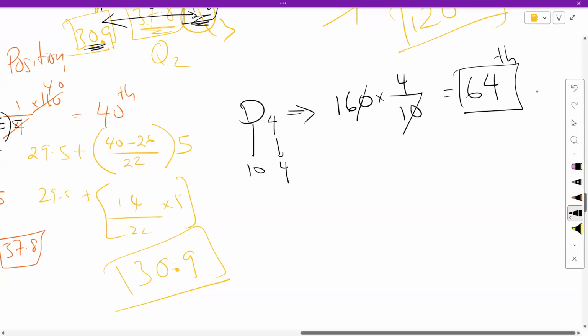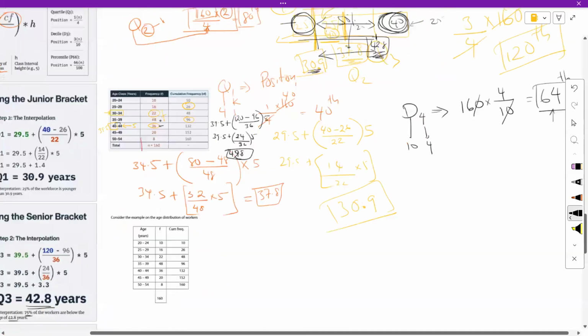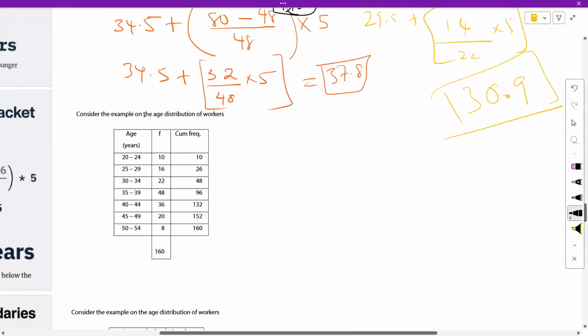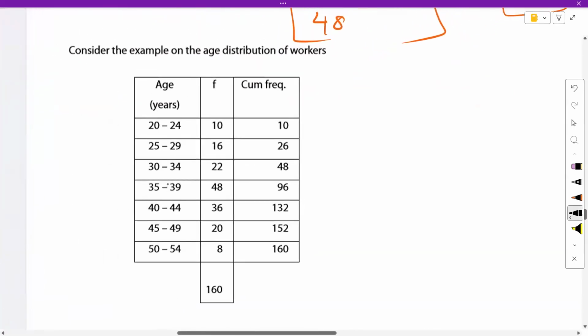We have to find the 64th employee, D4. Can you calculate quickly? Accordingly, what is the model class? Which class does the 64th employee fall in?